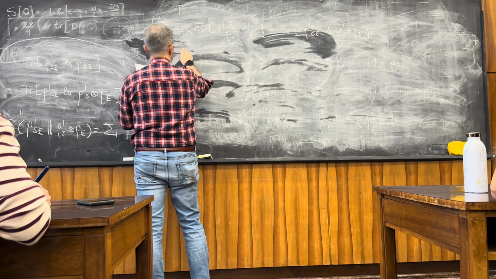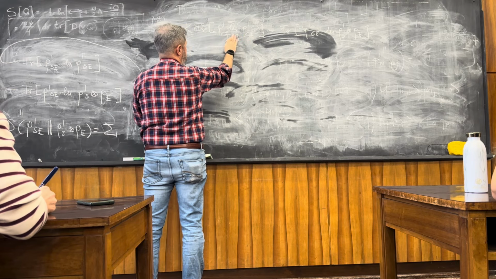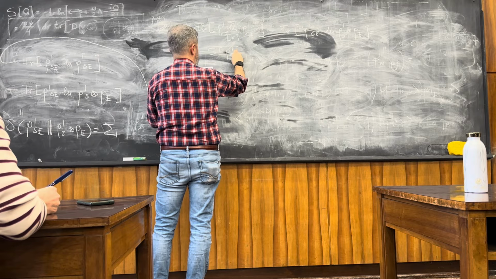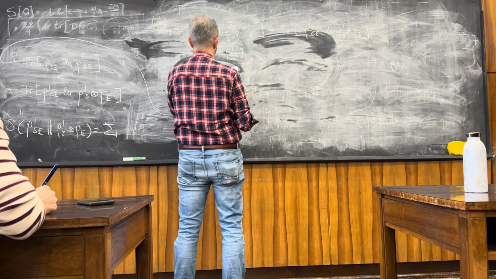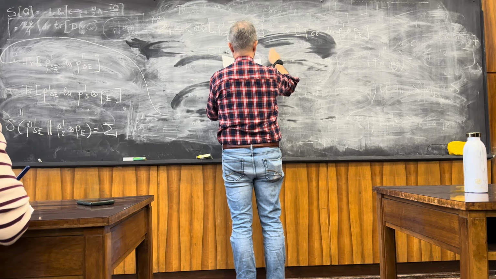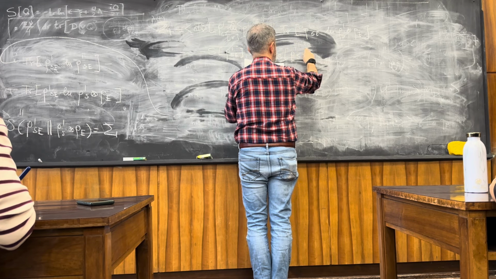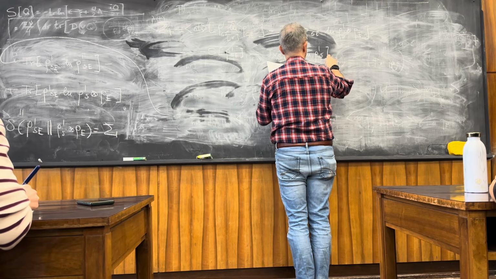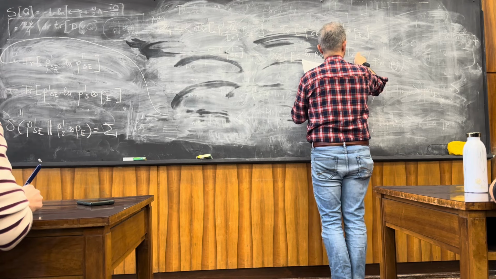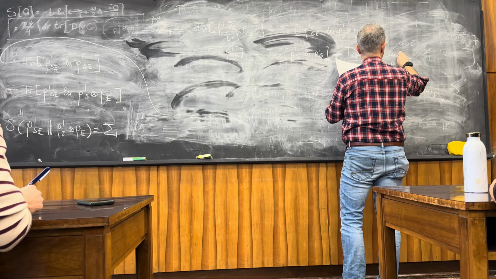So now this is equal to minus the von Neumann entropy of rho prime SE. And this one is minus the trace over the system of rho prime S log of rho prime S plus minus the trace over the environment of rho prime E log of rho E.